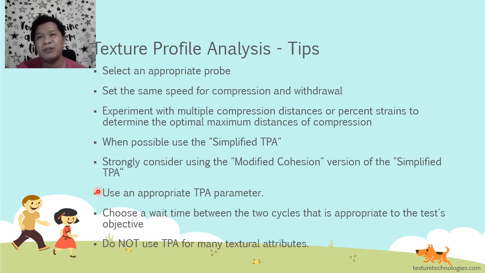Tapos, pag nireport pareho yung dun sa cohesiveness, will you use the cohesiveness or not, no? Depende kung solid or semi-solid yung food mo. Okay? And sometimes it may be needed to have a wait time between 2 cycles depending on your test objective.